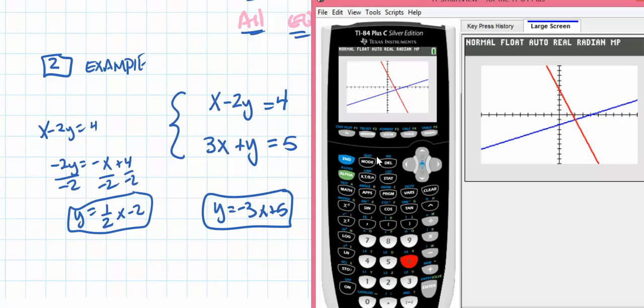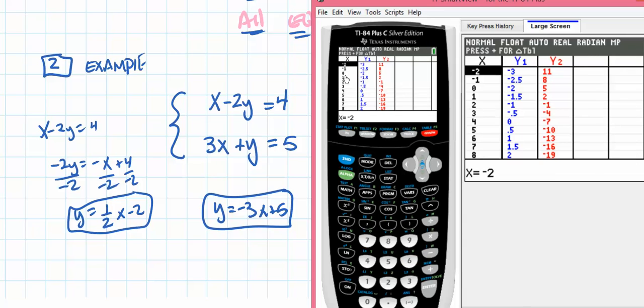I'm going to go to table here, second table. You'll notice that I have x values, y values, and y values. The reason there's two y values here is because I have two different lines, because it's a system. What I'm looking for is when the output is the same value for my single input. We thought the answer was 2, negative 1.